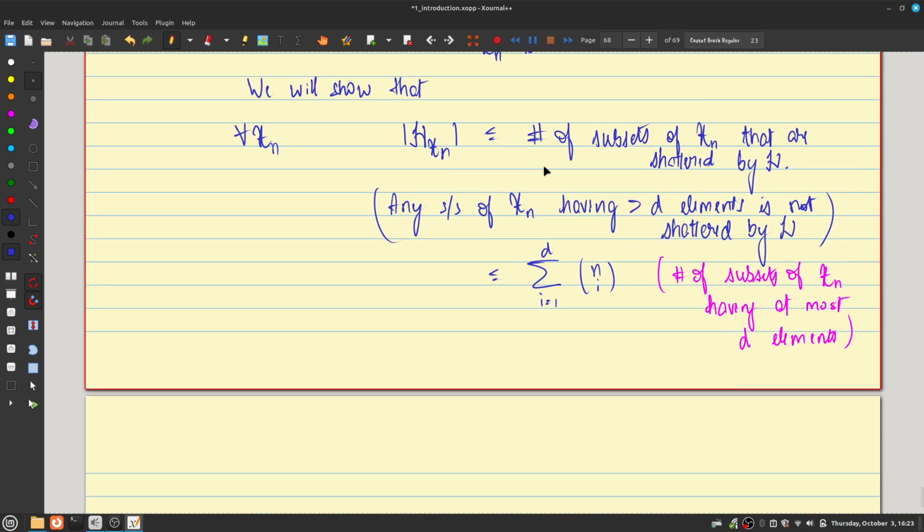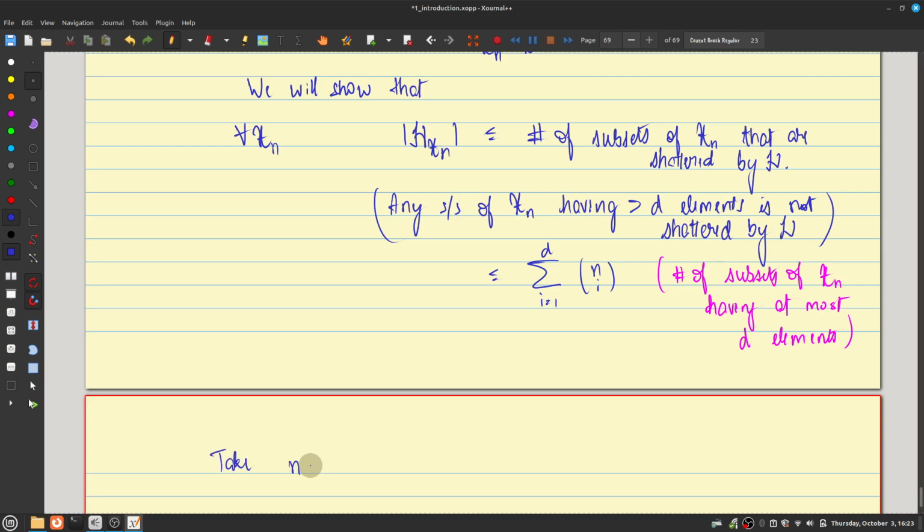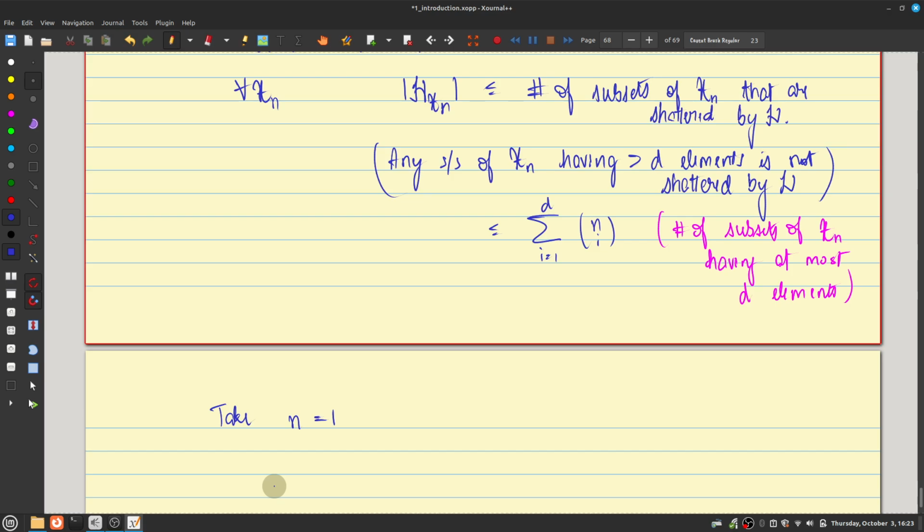Right? Okay. So right now, what I want to prove is that the size of the restriction to any subset xn is at most the number of subsets of xn which are shattered by h. Let's just take n equal to 1. What is the number of subsets of xn that are shattered by h?